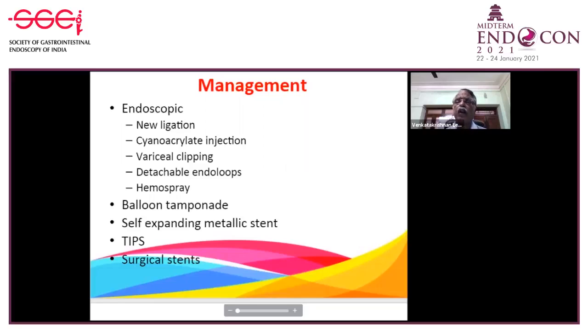The first recorded use of a self-expandable metallic stent was in 2010 from the Spain group, where they put the Ella-Danis stent. These stents can be put without radiological or endoscopic help, can be kept in place for 2 weeks and later removed, and it has been shown to really help patients with post-EVR ulcer bleeds.